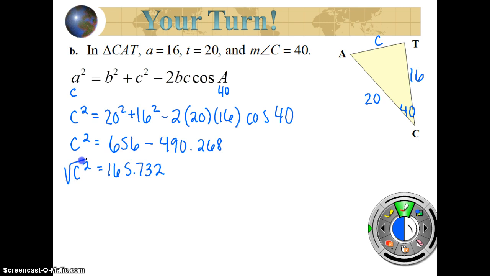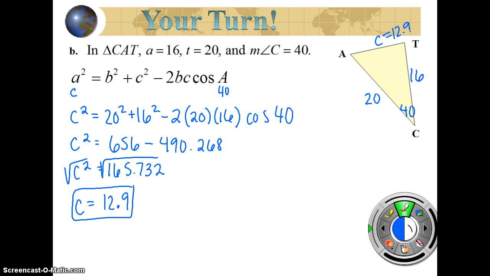And then you take the square root of both sides. And you get C is equal to 12.9. We're going to round to one place as our final answer. So C is equal to 12.9.